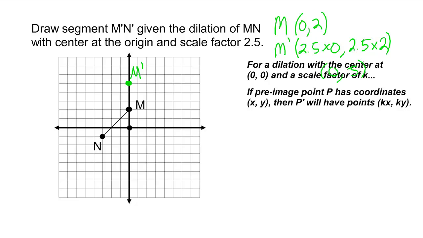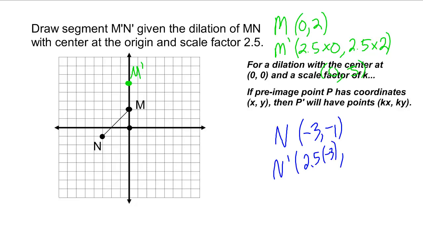For N, whose coordinates are -3, -1, N prime will have 2.5 times -3, comma, 2.5 times -1, which is just -7.5, -2.5.